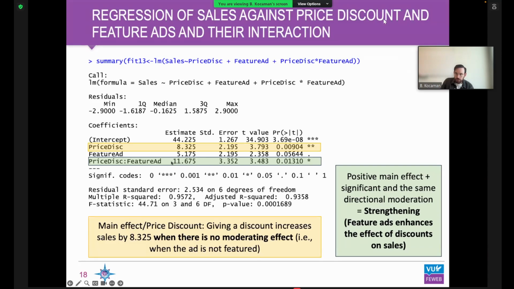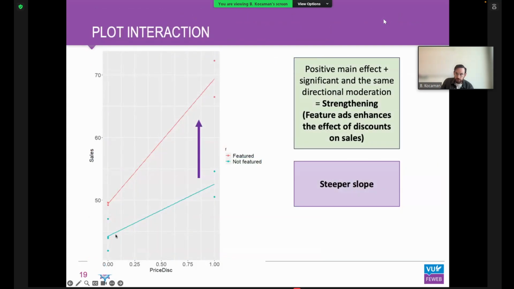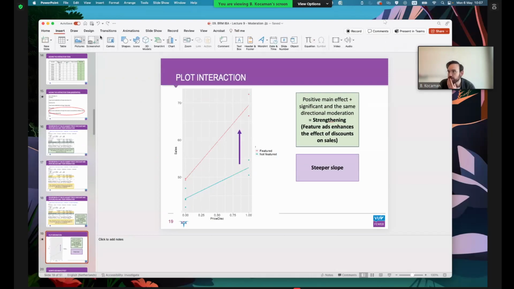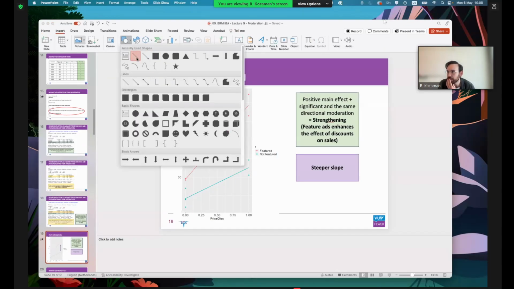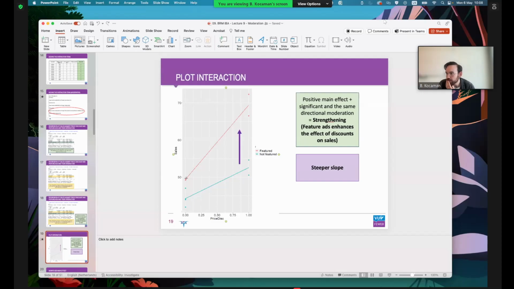So even if this is negative 0.001 and significant, we can talk about a weakening effect, because then the slope would have been flatter for the case of featured. It doesn't have to be below this line, but it would have been flatter. So it would have been something like this, for instance.